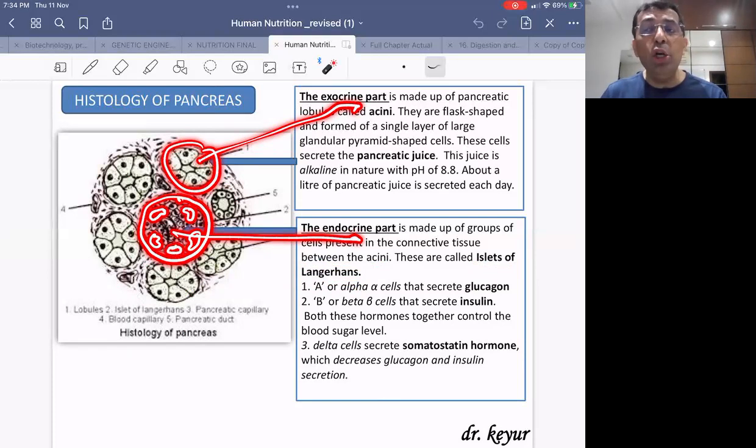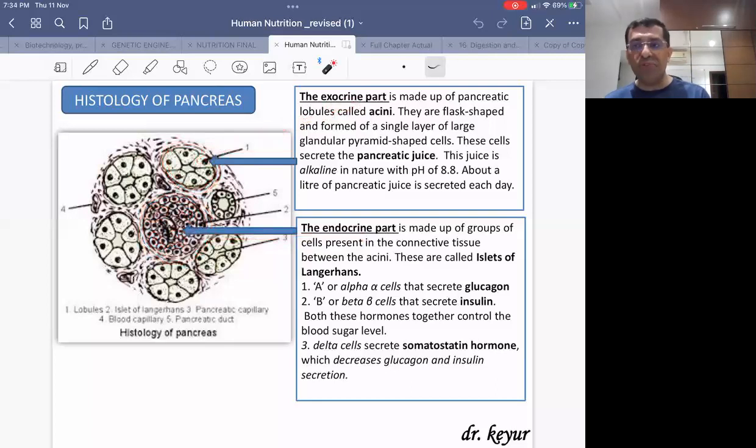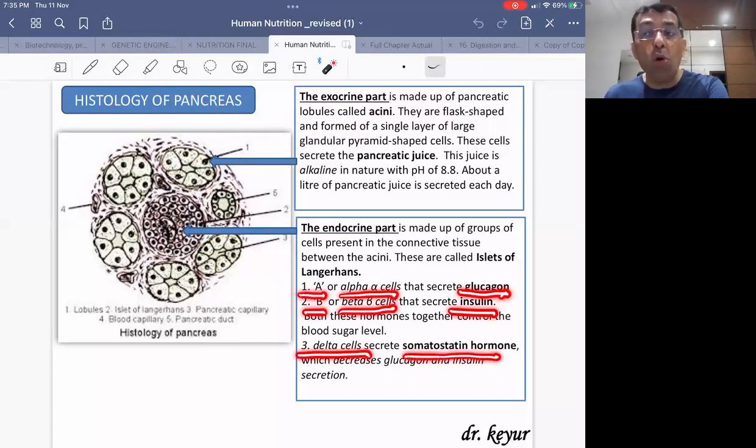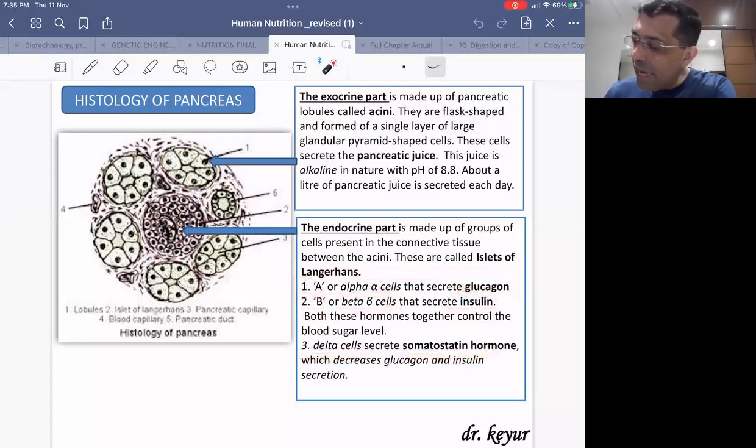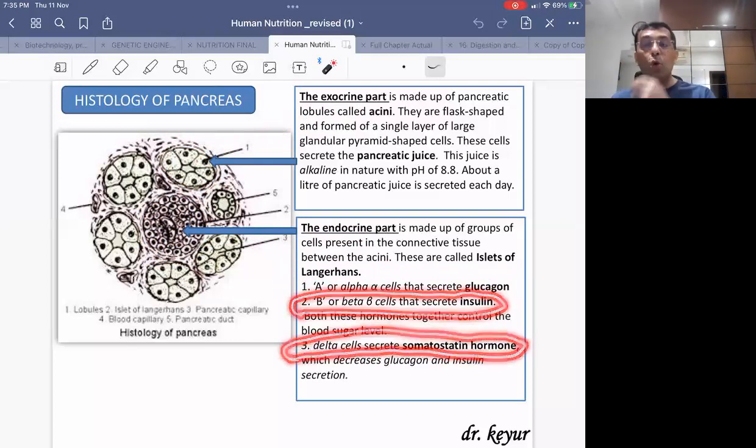You have about 1 to 2 million islets of Langerhans, and these islets have in them 3 types of cells, namely A cells or alpha cells, which secrete glucagon, B cells or beta cells, which secrete insulin, and D cells or delta cells, which secrete a hormone called somatostatin. ध्यान से, A or alpha cells secrete glucagon, B or beta cells secrete insulin, and D or delta cells secrete somatostatin.